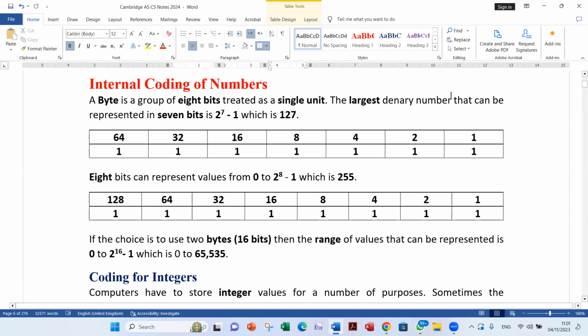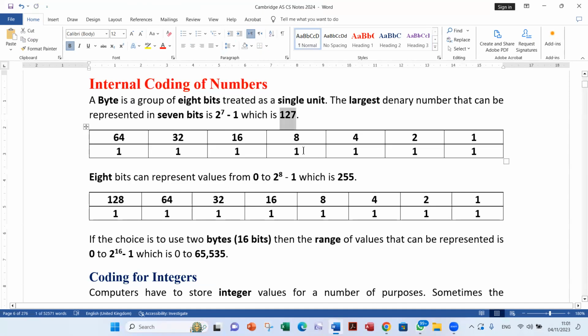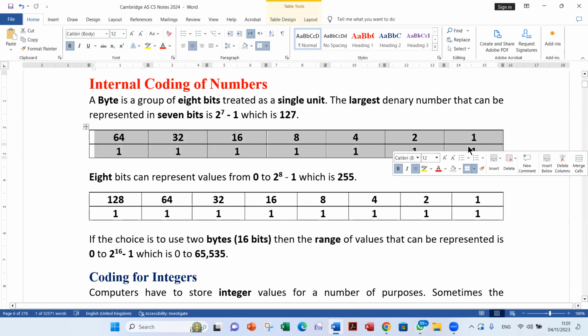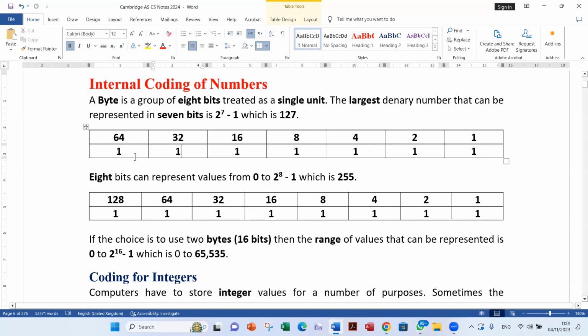The largest binary number that can be represented in 7 bits is 2 to the power of 7 minus 1, which is 127. You can do this manually. If you have 7 bits, the largest value that can be stored is when you fill them all with ones.